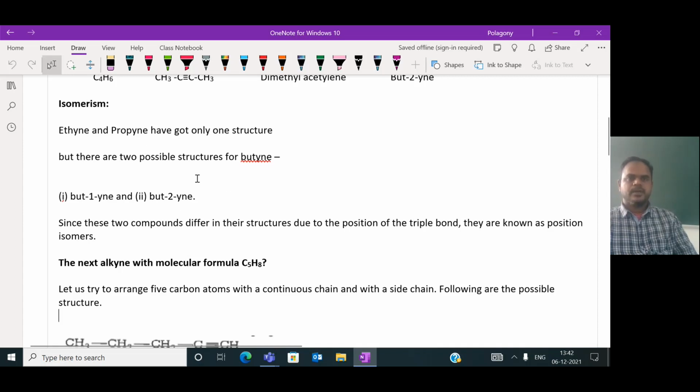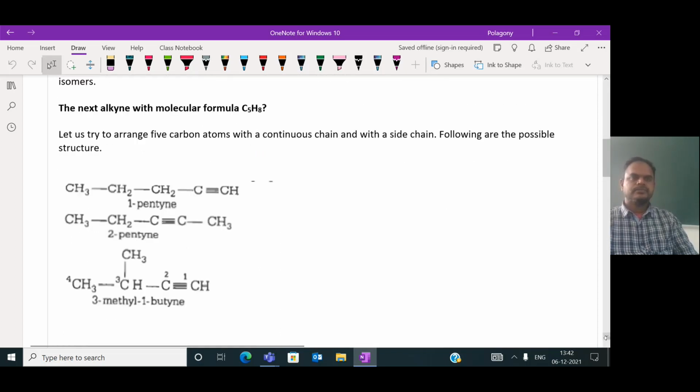Since these two compounds differ in their structures due to the position of the triple bond, they are known as position isomers. That means alkynes exhibit position isomerism.